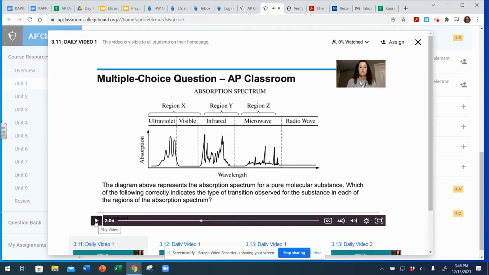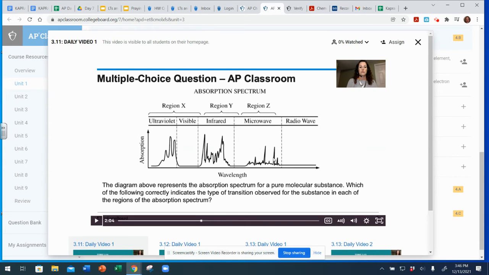This is largely a memorization type of information question. So notice that we have the ultraviolet and visible region here, mostly in the ultraviolet, and then we have some in the infrared, and we have some in the microwave. So remember how you can tell them apart.